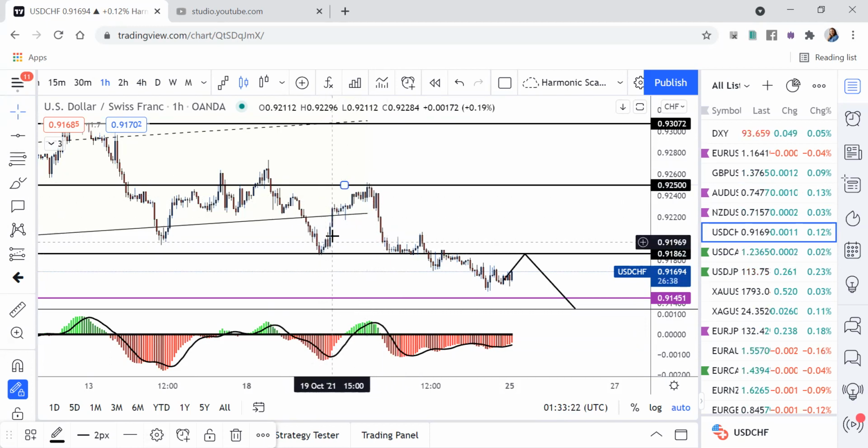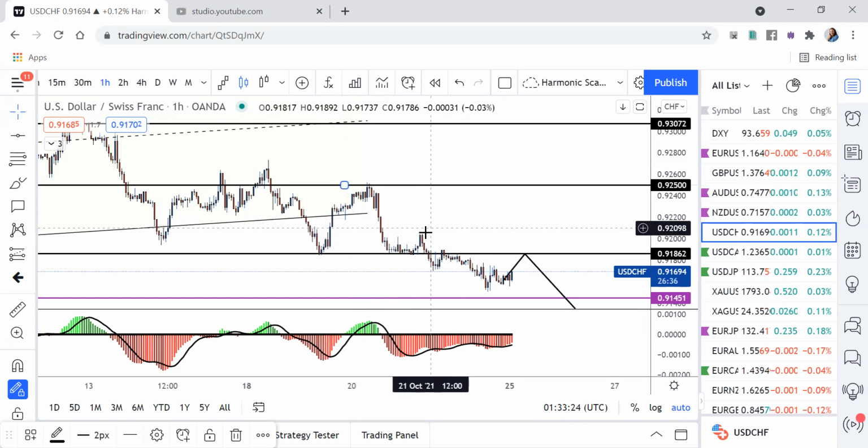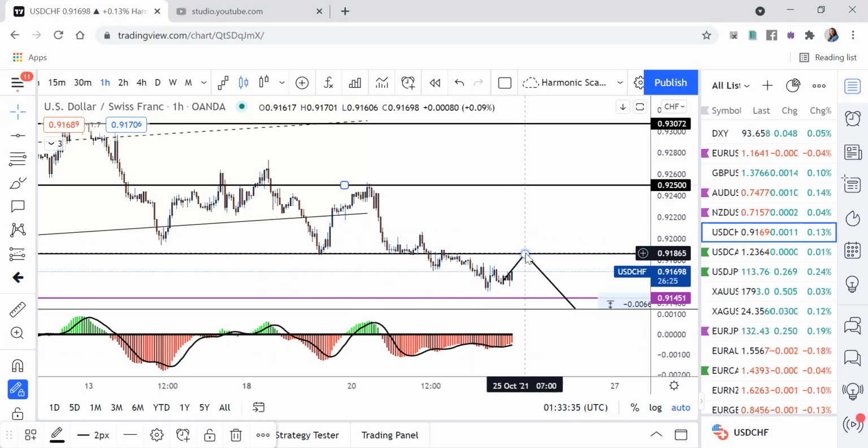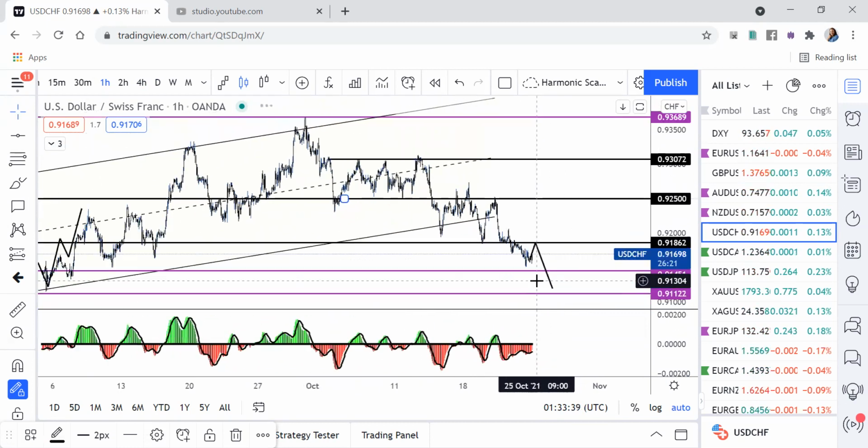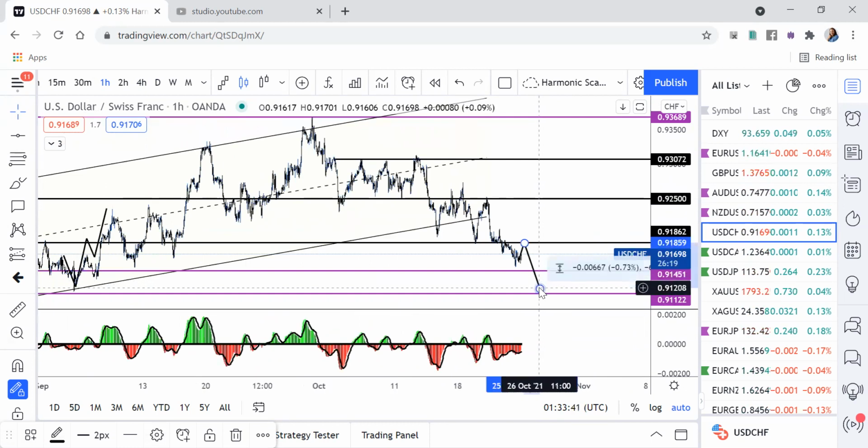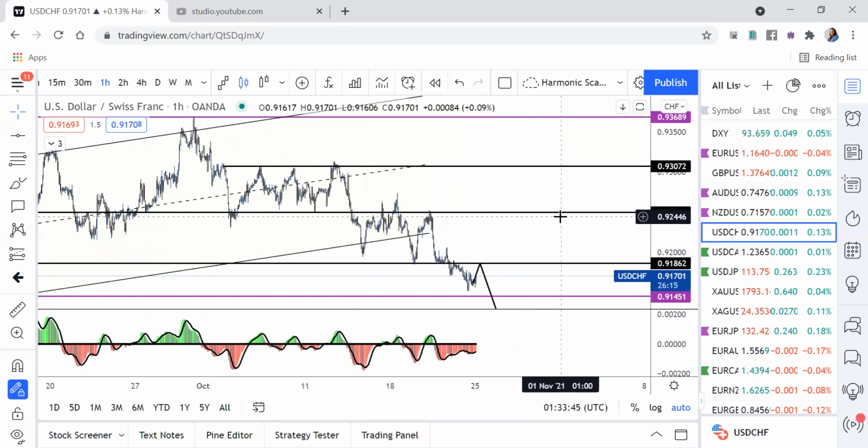Now we have this 1 hour low. Price broke the 1 hour low. Right? So I'm looking for price now to retest and possibly continue to the downside. Right? That's the move that I am looking at. That's USD CHF.